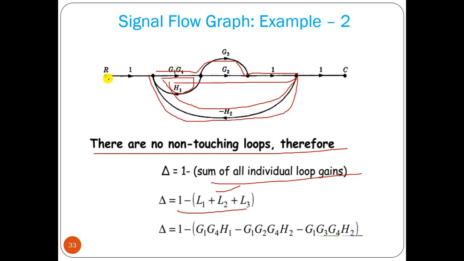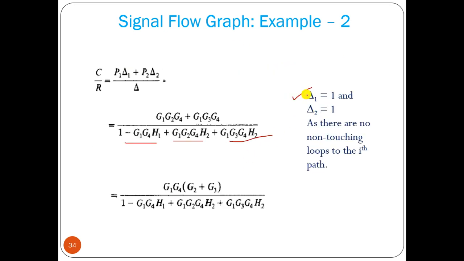Now this is forward path 1. This forward path touches all the loops, and this is the second forward path, which also touches all the loops. So delta 1 and delta 2 are both 1. So P1 into 1 plus P2 into 1, divided by delta.